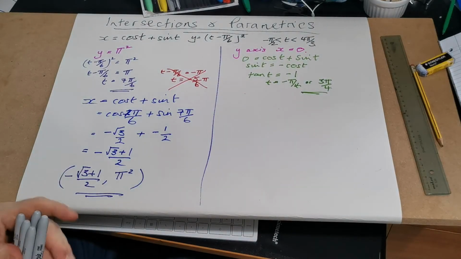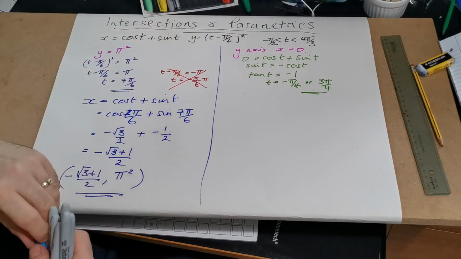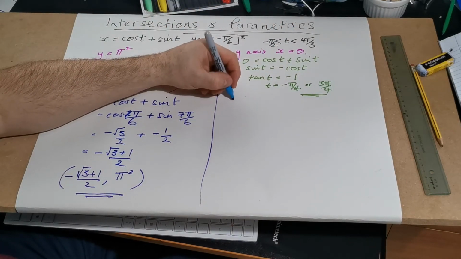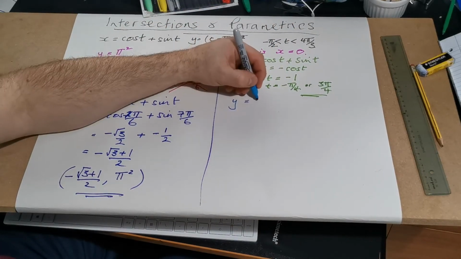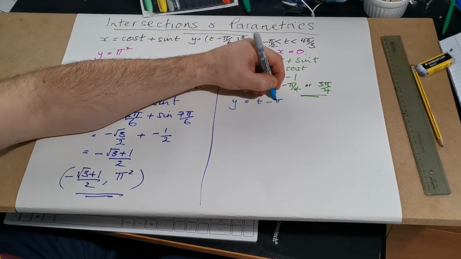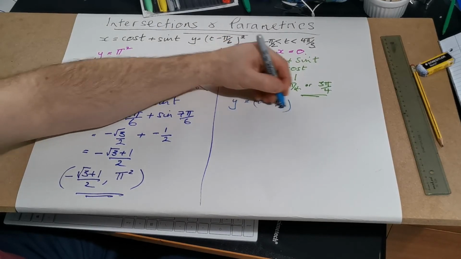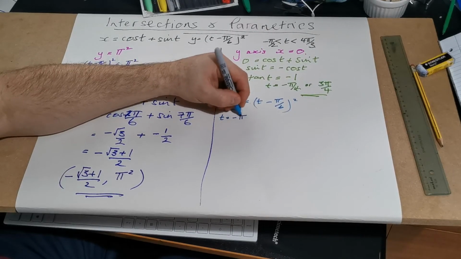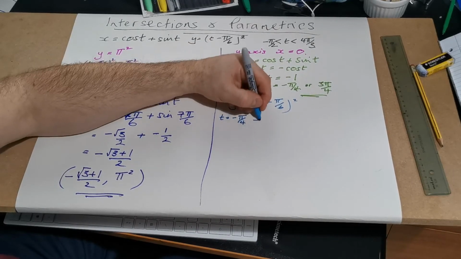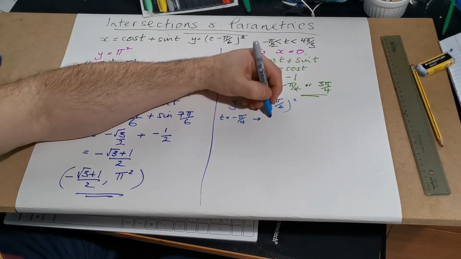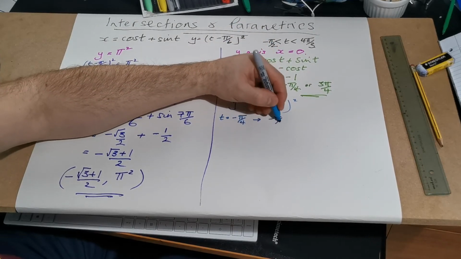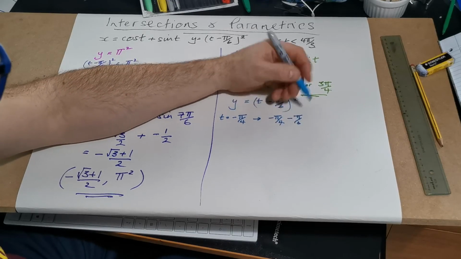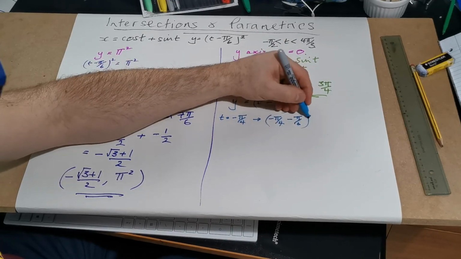So there are my t values. I just need to work out, I know x is 0, so I need to work out my y values. So y is equal to (t minus pi by 6) squared. So when t is equal to minus pi by 4, I have (minus pi by 4 minus pi by 6) squared.